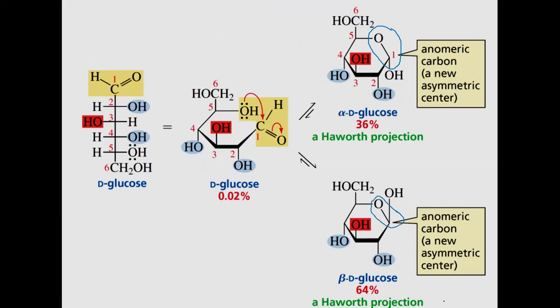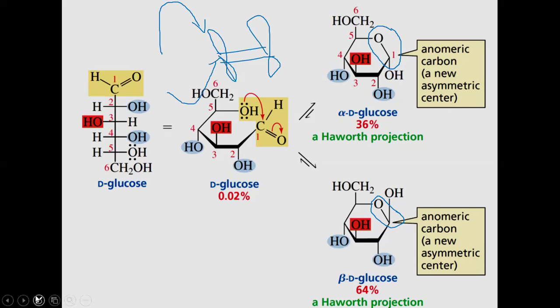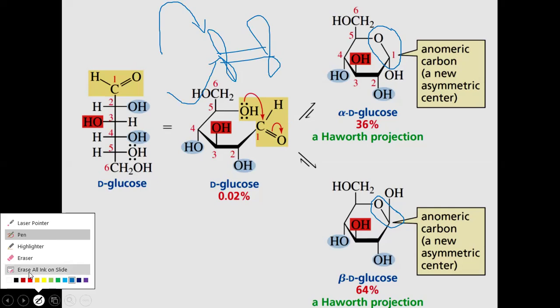Now we know that aldehyde molecules are planar molecules because they have the pi bonds on 2 sides. So when the nucleophile attacks, it can attack either from the top or from the bottom. That's what happens here in the case of glucose.